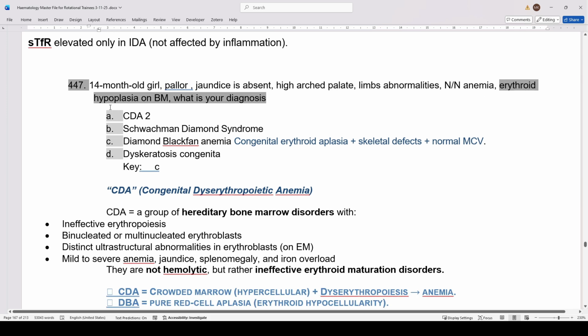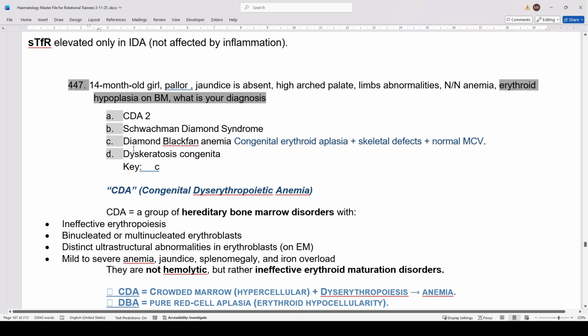She has erythroid hypoplasia, which means others may be correct. So they just told us about erythroid hypoplasia. What is your diagnosis? The options are CDA type 2, Shwachman-Diamond syndrome, DBA, Diamond-Blackfan anemia, and dyskeratosis congenita.